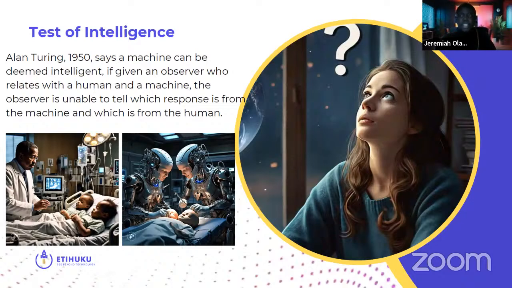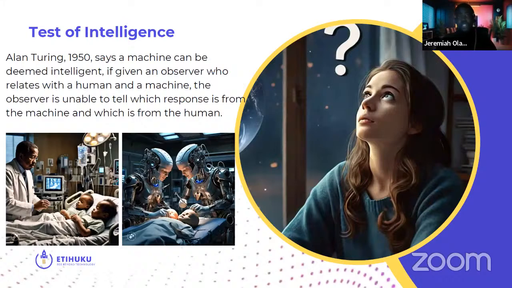Alan Turing came up with a test that says you would be able to say a machine is intelligent if you put a system or a machine in a particular room, and then you put a human being, an expert, in another room. And then there is a neutral observer who doesn't know anything about those rooms.